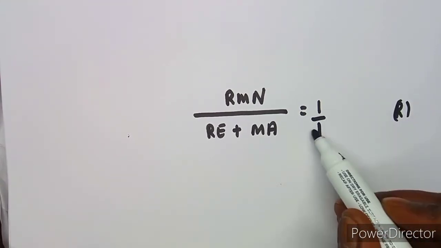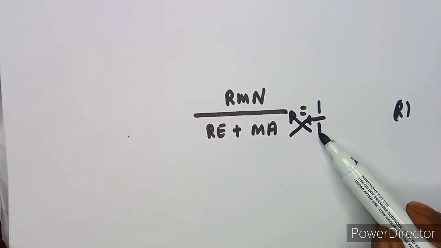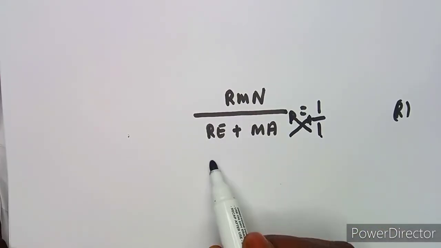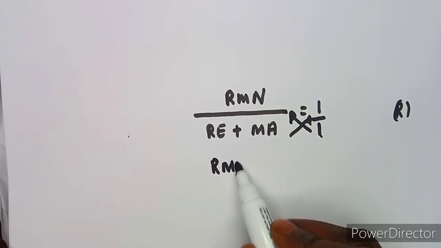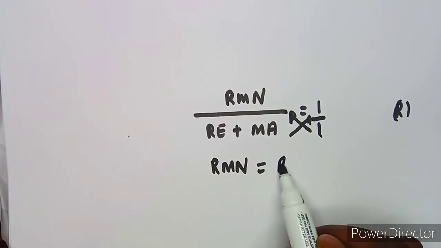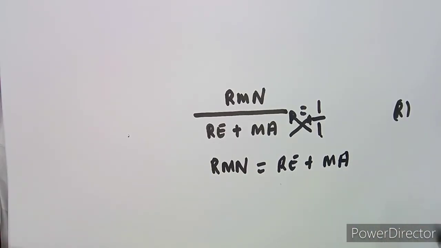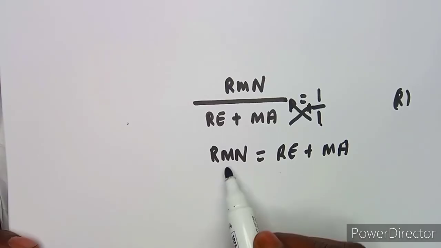We can just write this as 1 over 1 so that we can clear fractions by cross multiplying 1 times Rm, which is Rmn, equal to 1 times this part here, which is Re plus Ma. This is what you're going to have. All right. Now at this stage, you want to make R to be the subject, but you have got R on this part and also on this part.